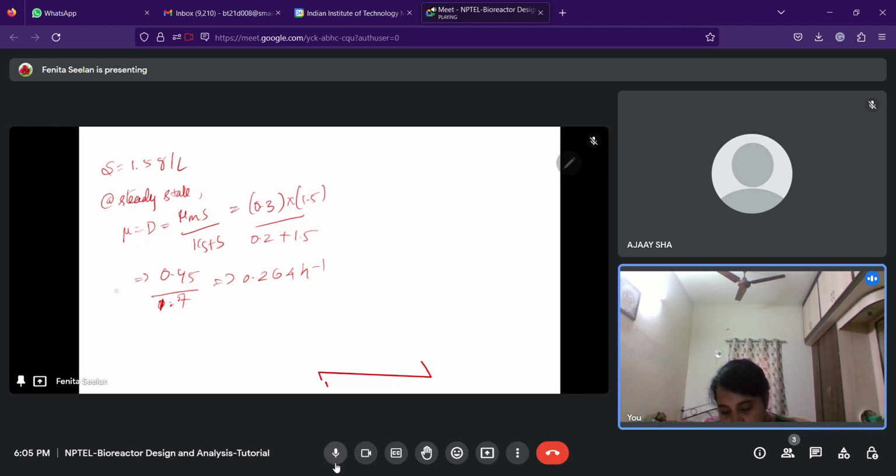So we have calculated the value of mu, which is equal to D at steady state.